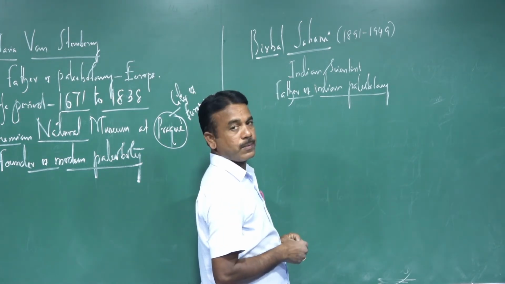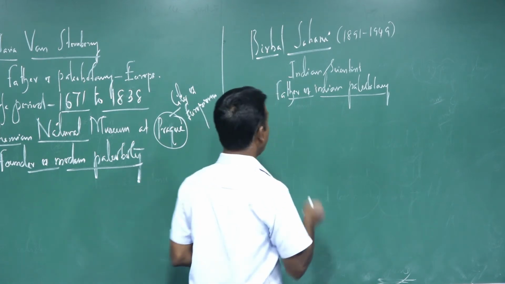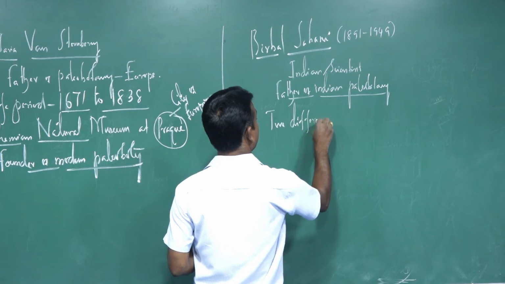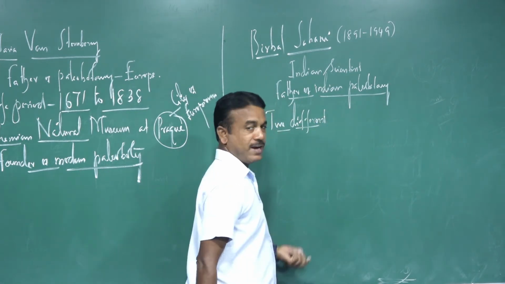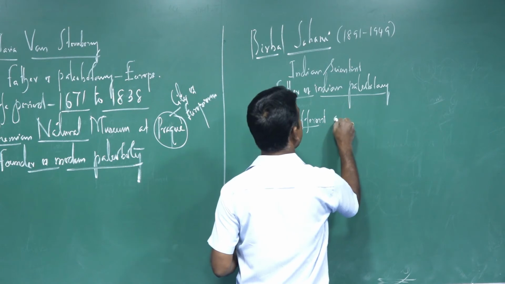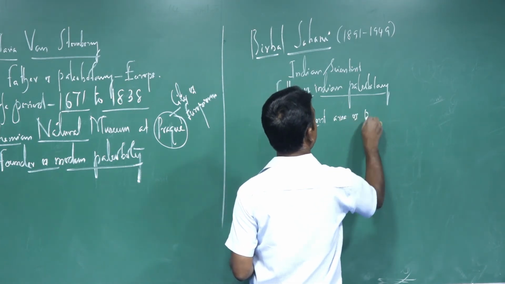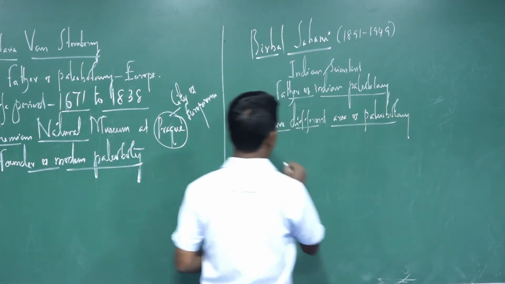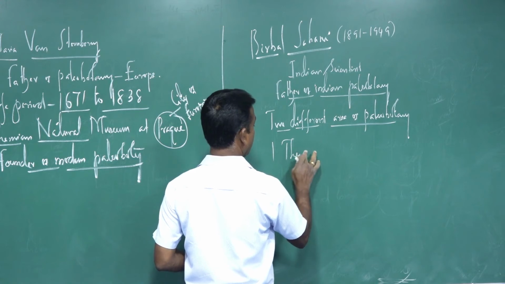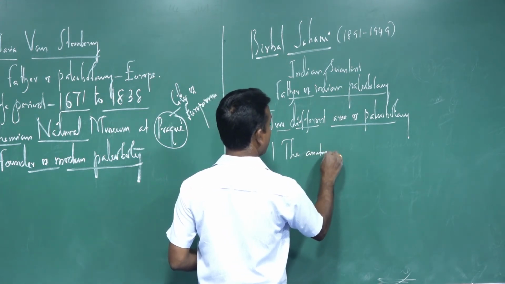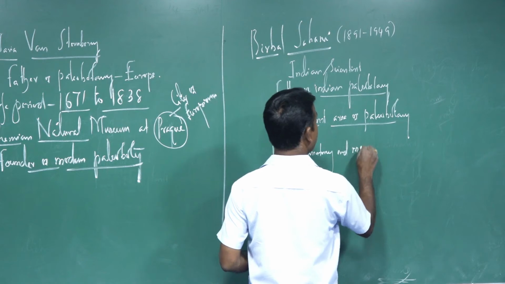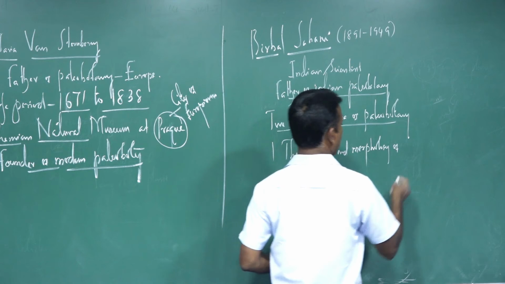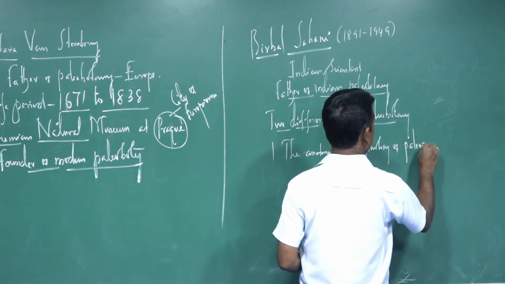During that time, he presented his research in two different areas. In his research, he exposed two different areas of PALEOBOTANY. The first area is commonly called as the anatomy and morphology of Paleozoic fern.